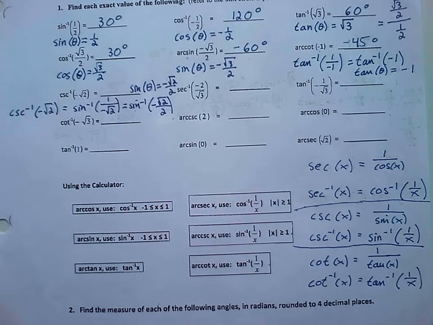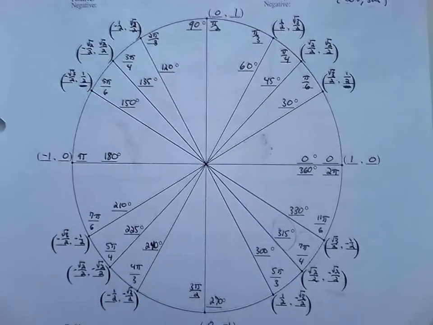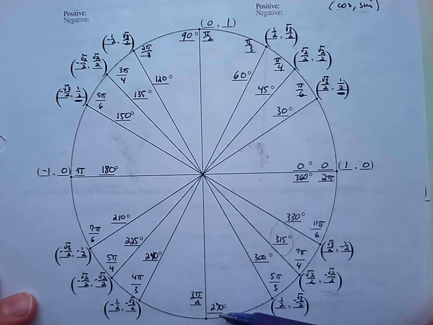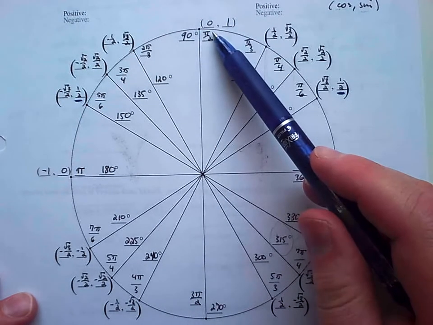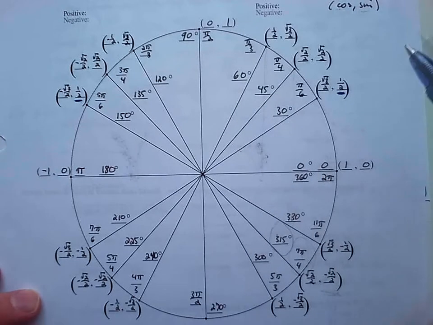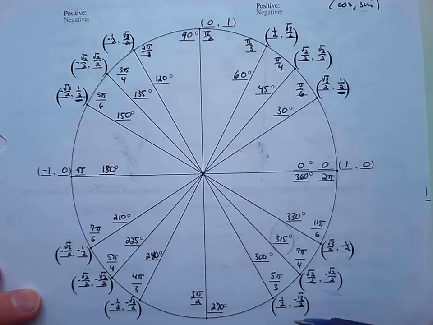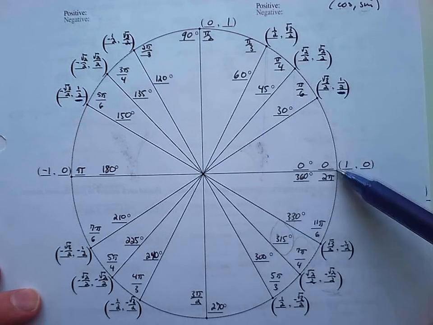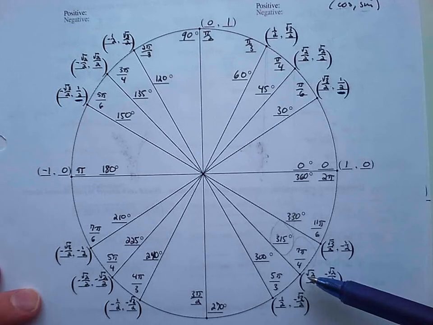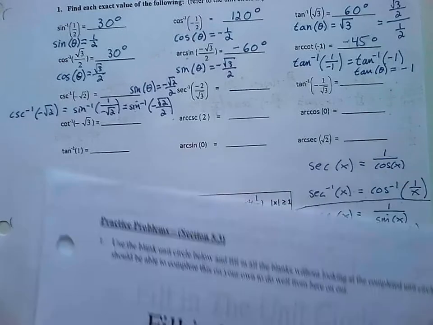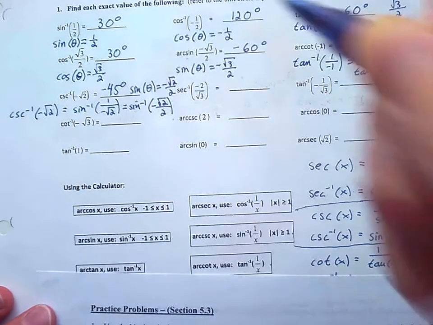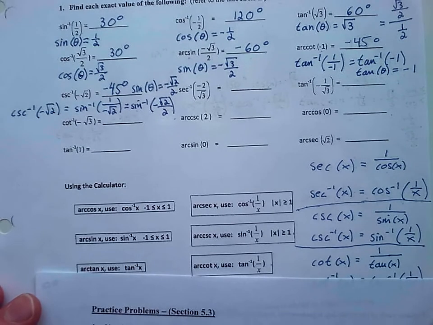If we come back to our unit circle, for the arc sine, we're going to go from negative 90 degrees to 90 degrees. And we're looking for the y value to be negative square root of 2 divided by 2. So that's going to be 315 degrees, which is the same thing as negative 45 degrees. So the answer to this is negative 45 degrees as well.